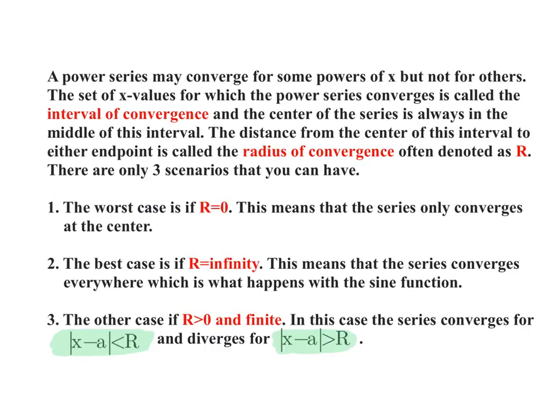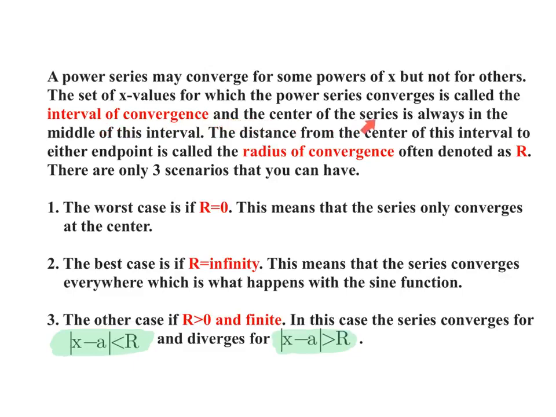All right, so a power series may converge for some powers of x, but not for others. The set of x values for which the power series converges is called the interval of convergence. We looked at that on the other slide with the square root of x graph.